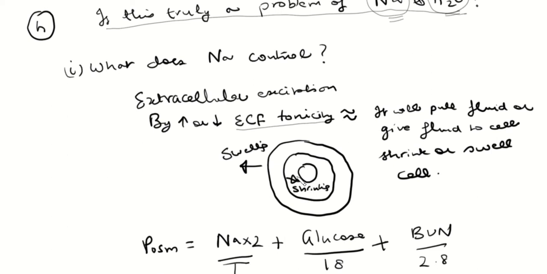So the cell either shrinks or it swells. This is my cell. It either shrinks or becomes bigger because of sodium and what it's doing to the extracellular tonicity or extracellular osmolarity. We've covered that concept and the difference already.